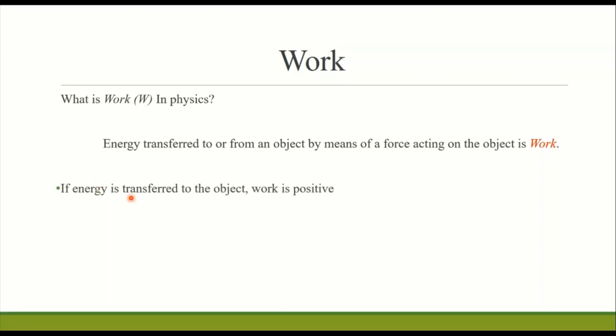If energy is transferred to the object, work is positive, and we can say that the force applied to the object is in the same direction as the displacement of the object. On the other hand, if energy is transferred from the object, work is negative. In other words, force applied to the object is in the opposite direction to the displacement.